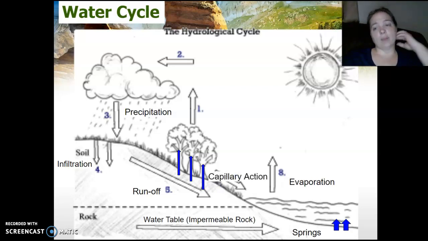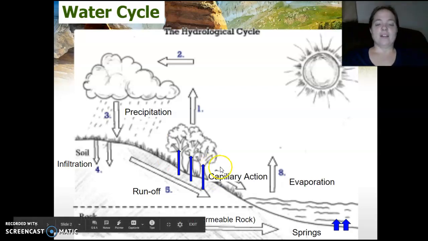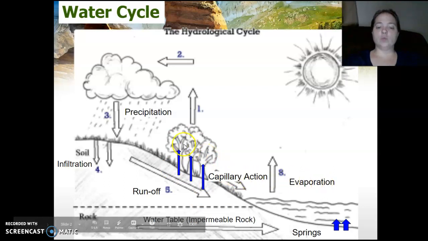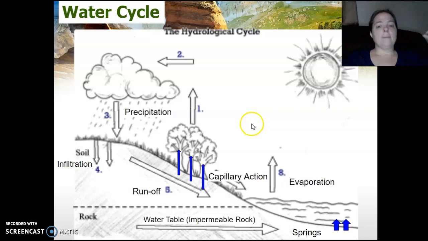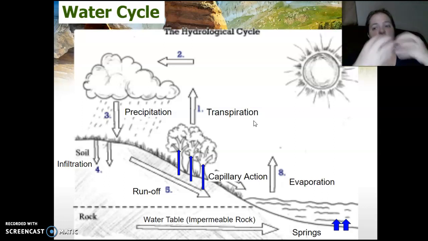They use capillary action. We'll get into that a little bit later. So it pulls it up. Once it's in the trees, do the trees have evaporation? Well, kind of, but it's a special type called transpiration. It's the water that gets into the leaves and then evaporates from the leaves.